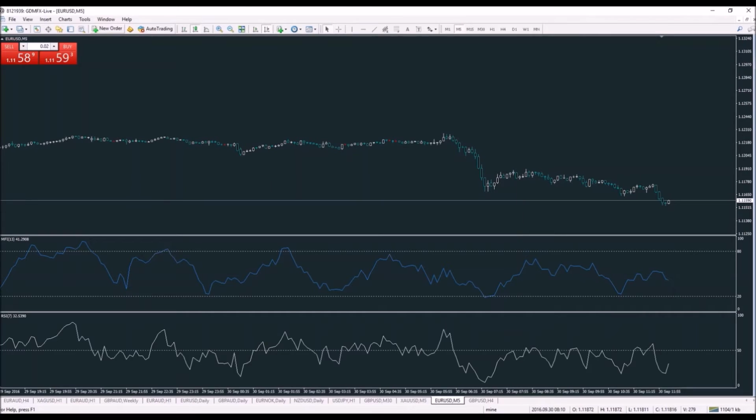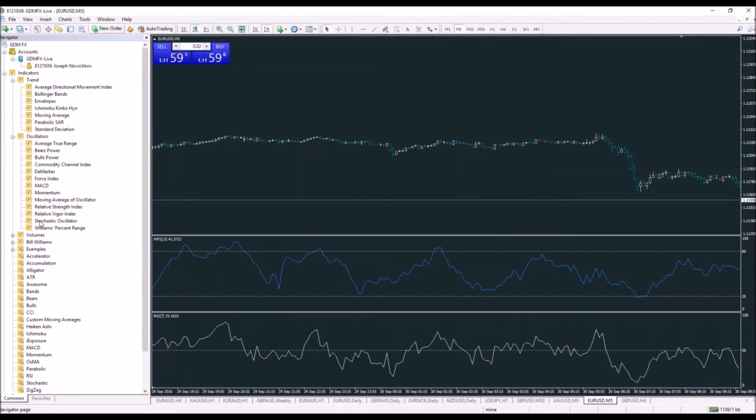Now, on top of the Moneyflow Index, let me shrink this a little bit and open the navigator window on the left side. What we're going to use on top of the Moneyflow Index, as we can see, is a pretty delaying one. That means we need something faster, and from our system we're going to use the Stochastic Oscillator.